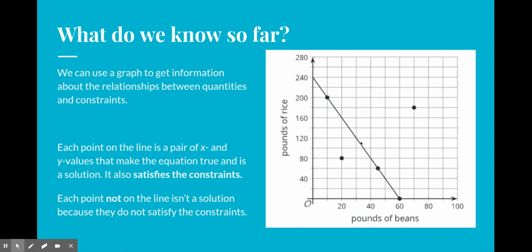These ones, the ones off the line, are not solutions because they do not satisfy that constraint. We could technically buy 20 pounds of beans and 80 pounds of rice, but added together, they wouldn't be $120. And so now you're all caught up with what we've talked about in lessons 1 through 5 of Unit 2.